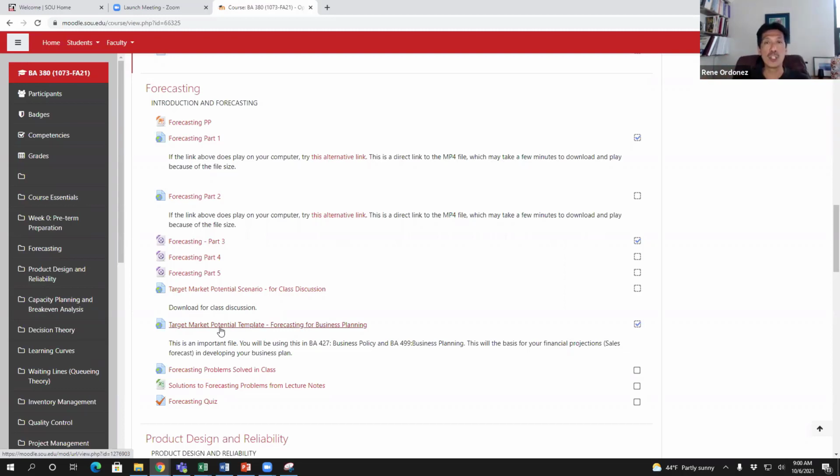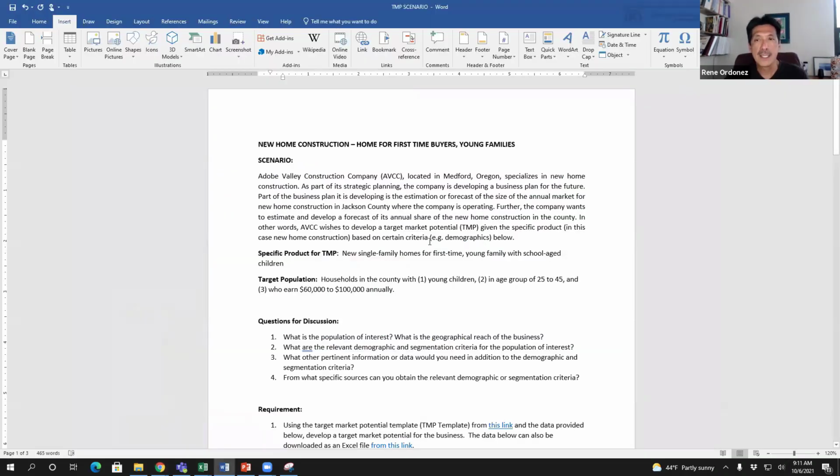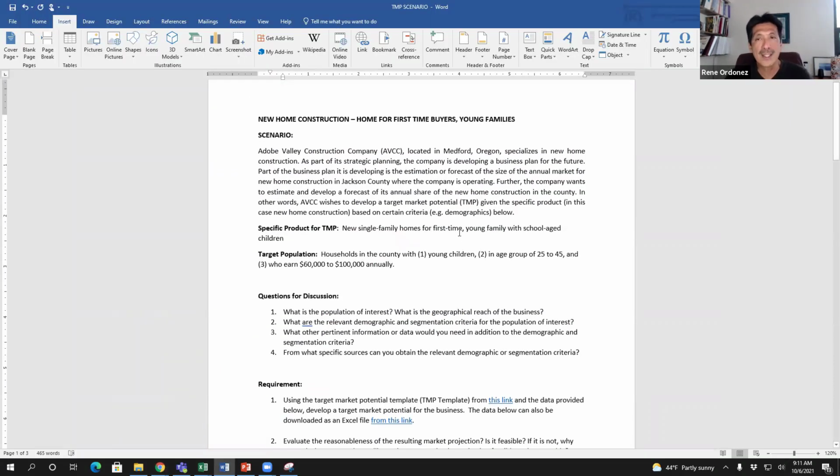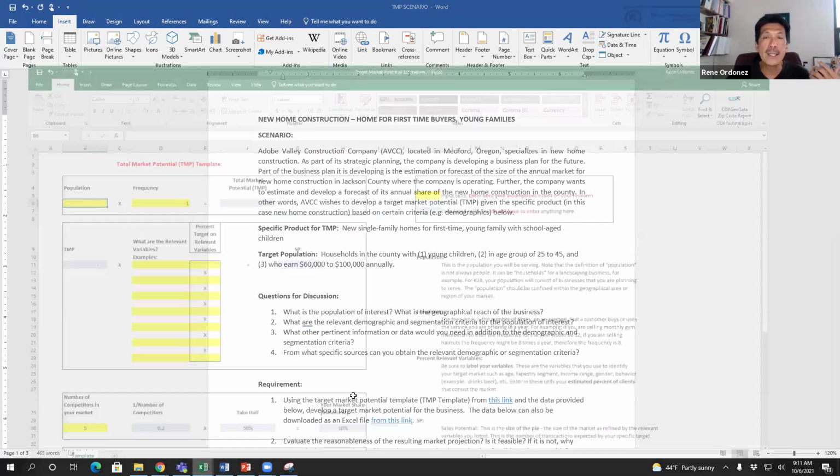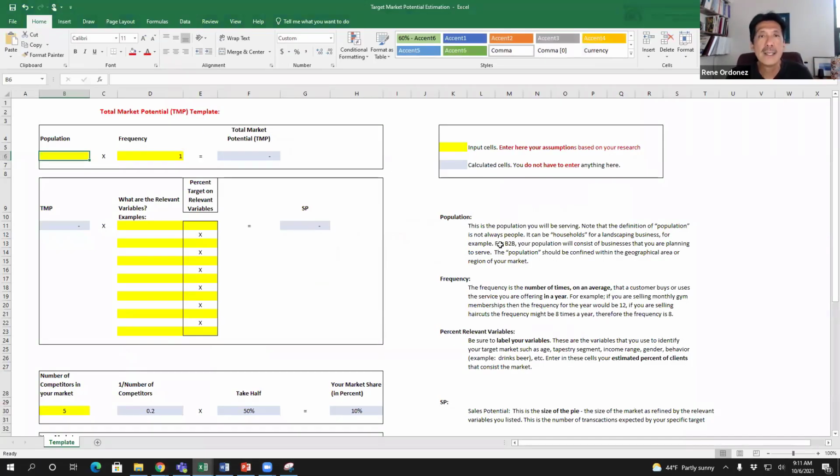And this has something to do with your accurate forecasting or representation of your forecast for your sales. This is the scenario that we are going to consider today and see how this scenario can be implemented within the template that is used in BA 427 business policy as well as in 499.